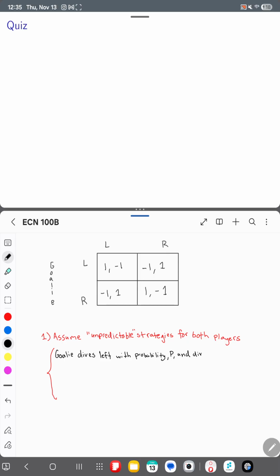That's a very long word. I'm going to just write W.P for those 2 words. And dives right with probability, which is the residual probability, which is 1 minus P. Let me pause there. Okay?